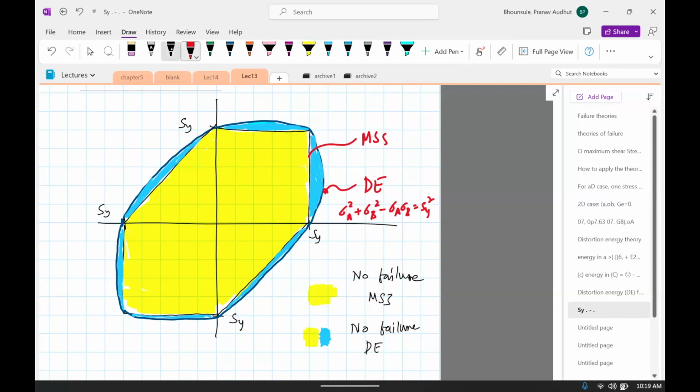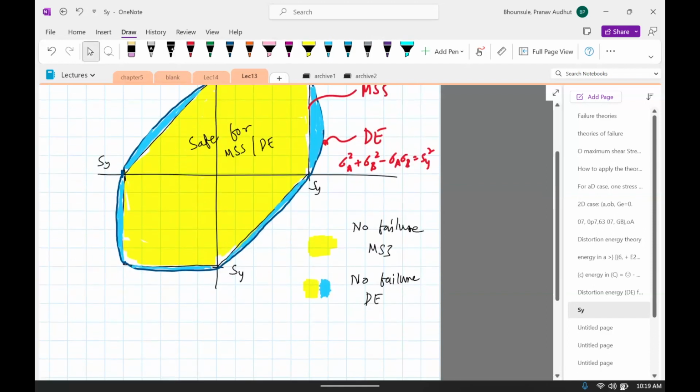Okay, so as I said, this region is safe for MSS as well as DE. But the blue region, all the blue region, not just this, but entire blue region, is safe for DE, unsafe for MSS.